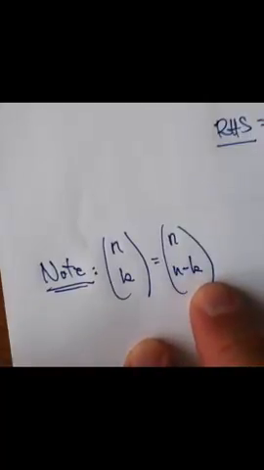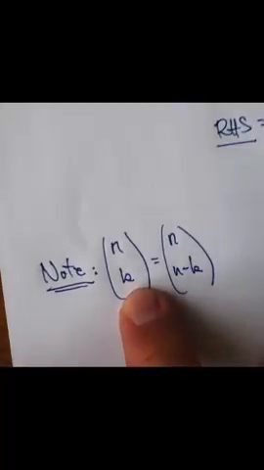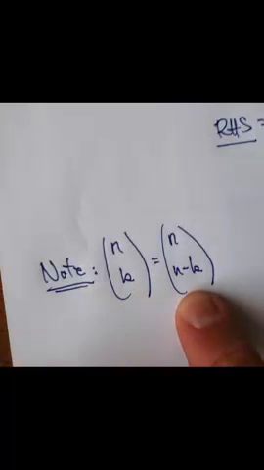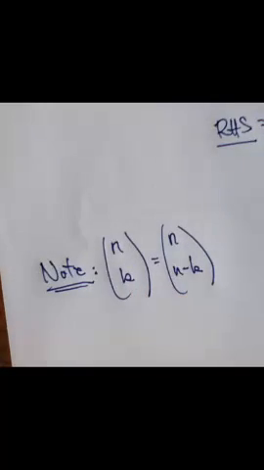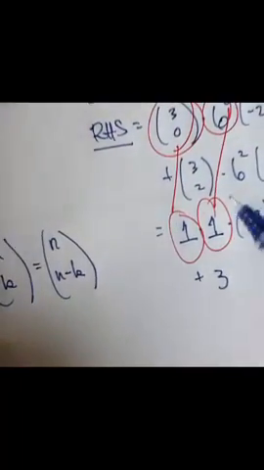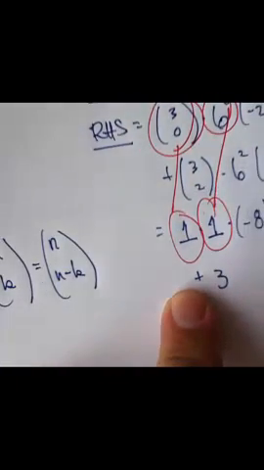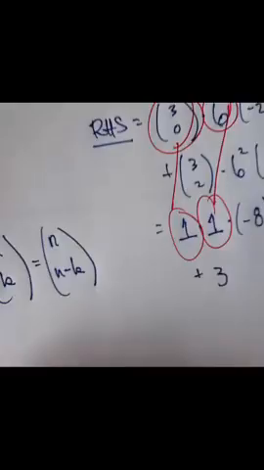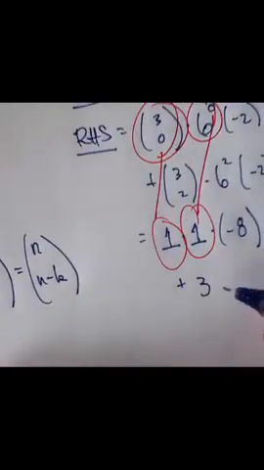So the number of ways to choose k things from n things is the same as the number of ways to choose n minus k things from n things. So this 3 choose 2 has to be the same as 3 choose 1, which is 3.